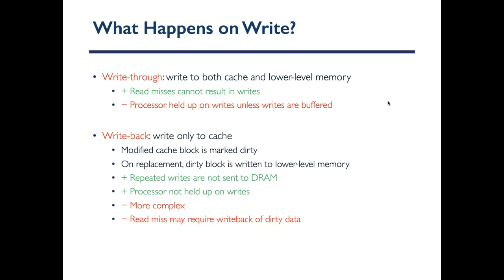If the block that you pick as a replacement is a dirty block, then you have to write it back to the memory. If the block that you pick is not dirty, then you don't need to do a write back. So basically, this is why it says it may require, depending on what block will be chosen as a replacement.